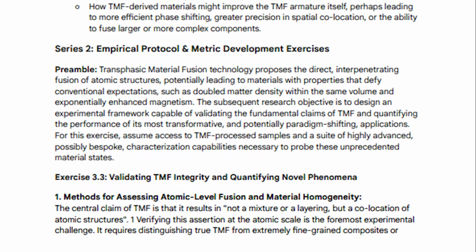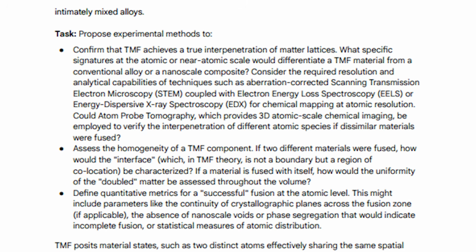Methods for assessing atomic level fusion, material homogeneity. The central claim of TMF is that it results in not a mixture or a layering, but a co-location of atomic structures. Verifying this assertion at the atomic scale is the foremost experimental challenge. It requires distinguishing true TMF from extremely fine-grained composites or intimately mixed alloys.